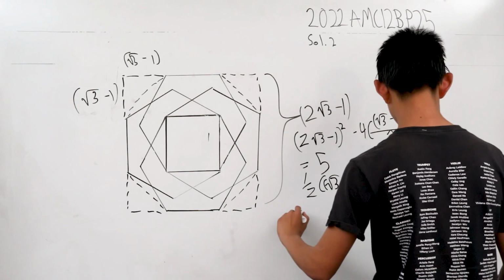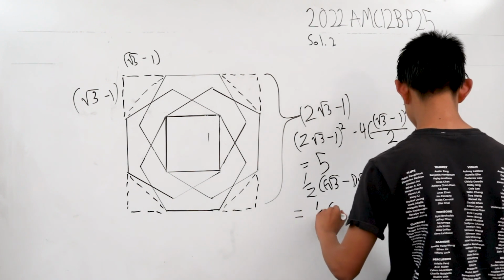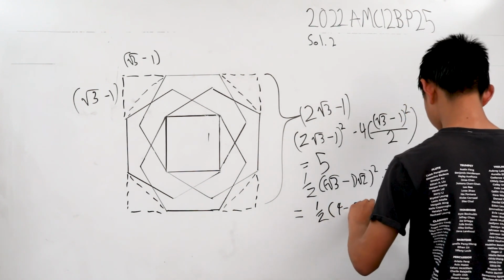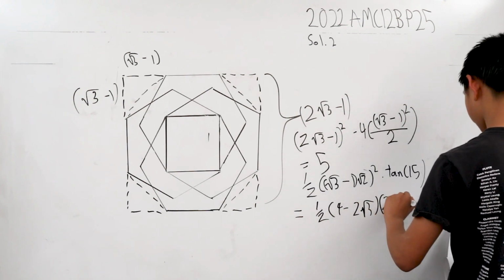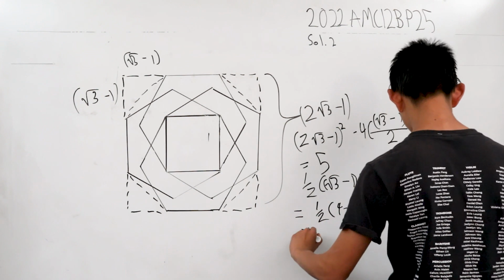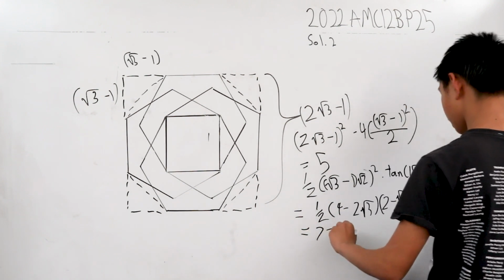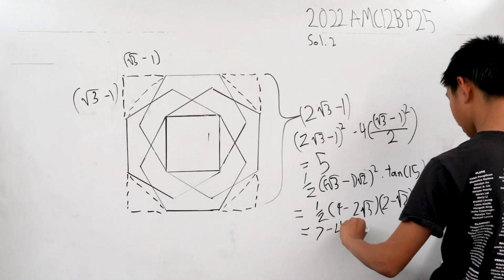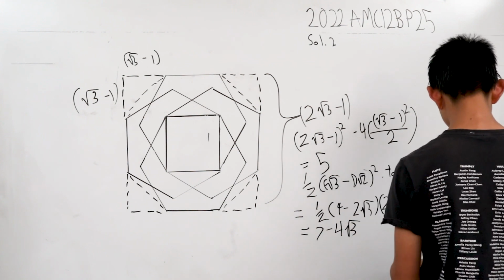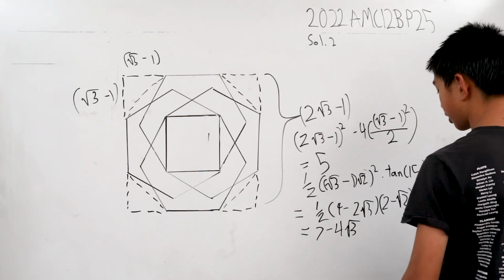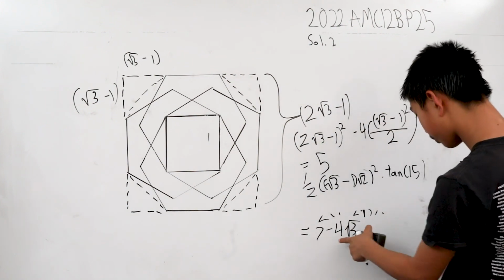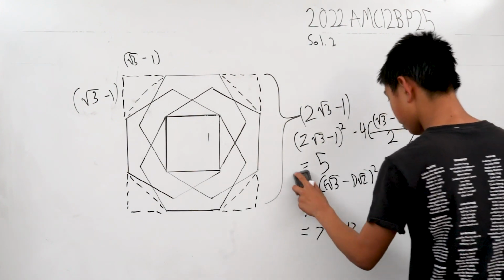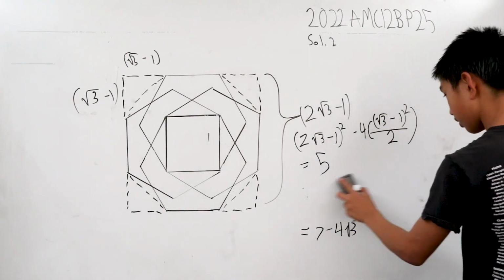This multiplies out to 1/2 times 4 minus 2 root 3 times 2 minus square root of 3, which equates to 7 minus 4 root 3. Now our total area is going to be 5 minus 4 times that. So we can do that real quick.